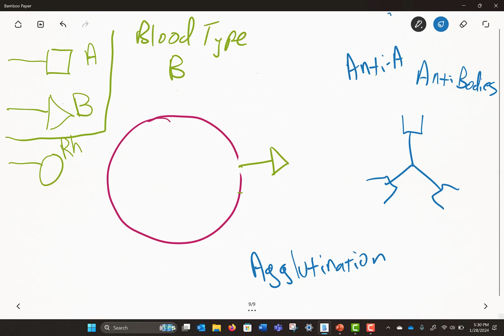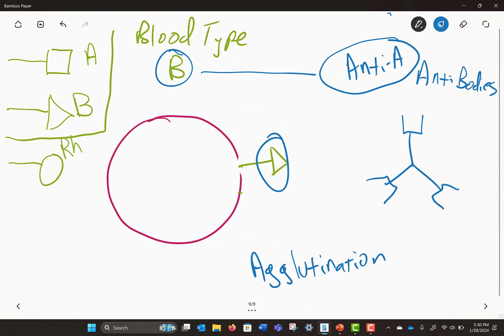Whatever their blood type is, the antigen that they have on their red blood cells, or another way to say that, the antigen that is on their red blood cells is their blood type. So blood type and antigen are always the same. Now, antibodies are always the opposite. Whatever their blood type, they should have the other antibody.